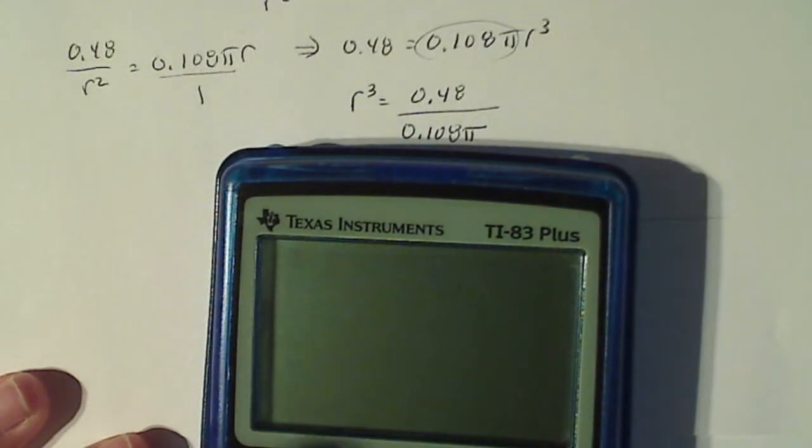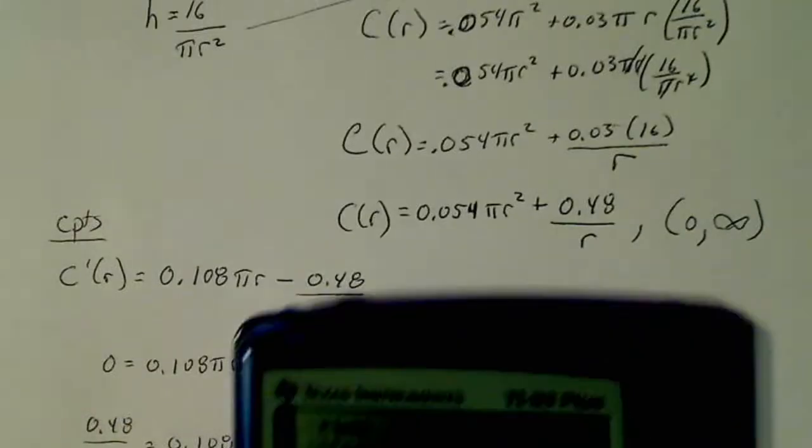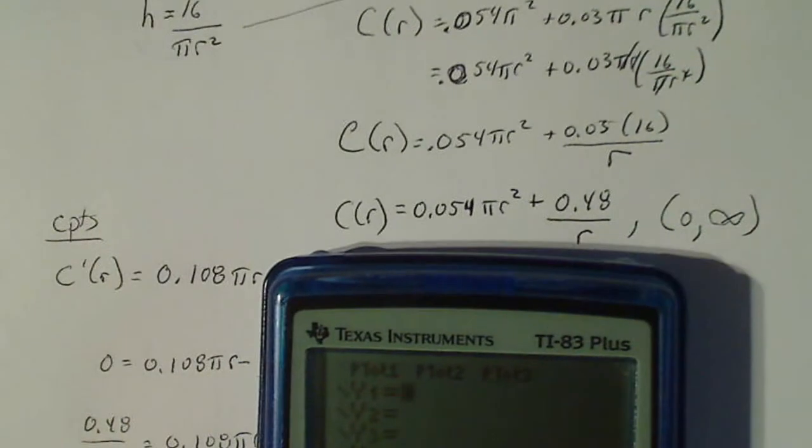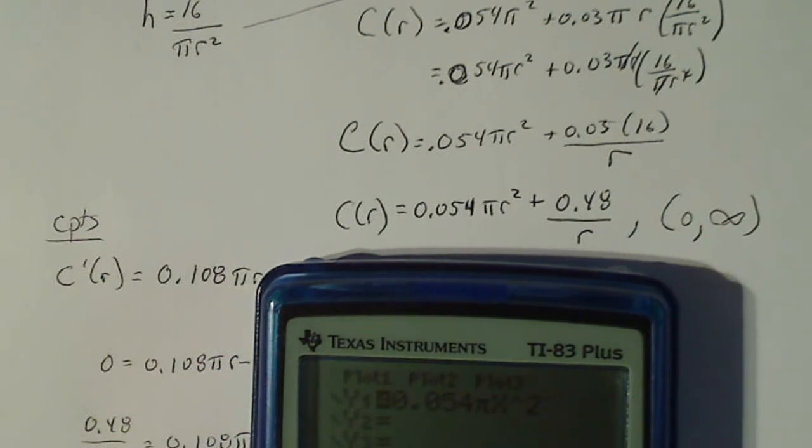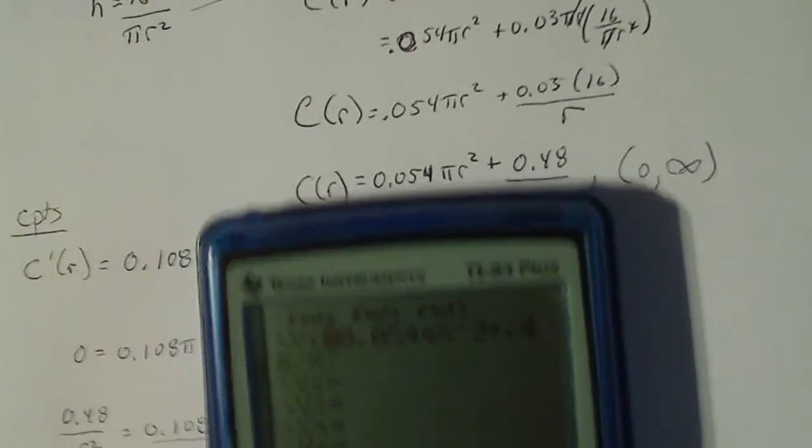So I'm going to come over here into my y equals, and I'm going to input my original C of r function, which is right here. 0.054 pi x squared, because I can't use an r, this is a simple calculator, plus 0.48 divided by r, or x in our case, because that's all we got.